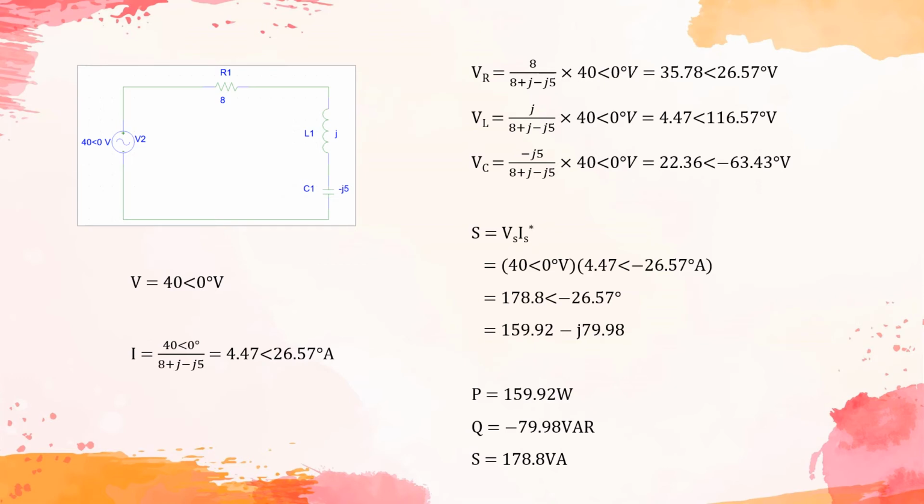Next, we're going to find the voltage drop on the inductor. So VL is equal to j divided by 8 plus j minus j5 times 40 with angle of 0, equal to 4.47 with angle of 116.57 volt. Then VC is equal to negative j5 divided by the total impedance and then times the source voltage.